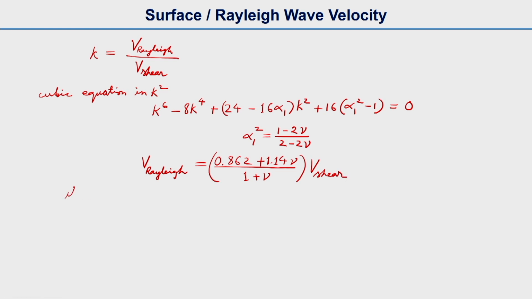And if we assume Poisson's ratio is 0.3, which is for most metals, then V Rayleigh is 92% of the shear wave velocity. So that is the relationship for nu equal to 0.3. V Rayleigh is just 8% lower than the shear wave velocity.